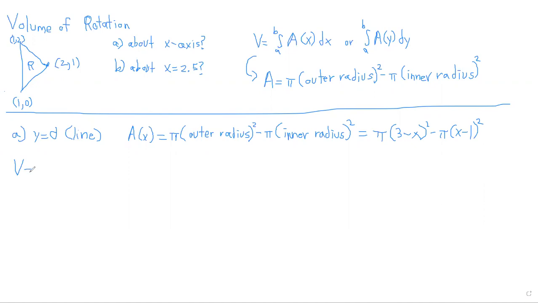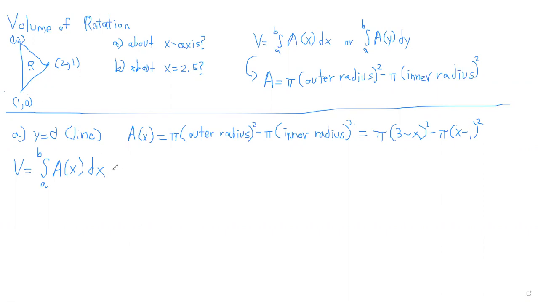So V is equal to the integral from a to b of A of x dx, which here is obviously from x equals 1 to x equals 2 with this figure.